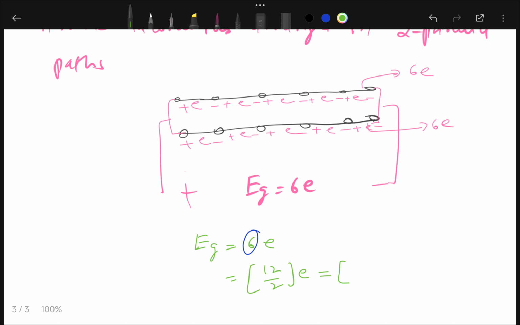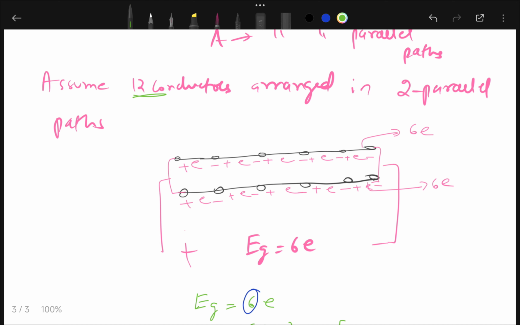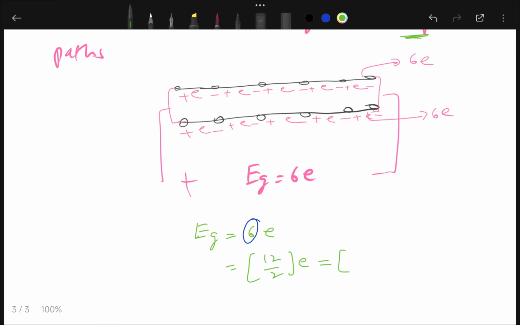But what is 12 here? 12 is the number of conductors, 2 is the number of parallel paths. So the number of conductors is generally given by capital Z, and the number of parallel paths is generally given by capital A in DC machine terminology. So the total amount of EMF induced EG can be written as Z by A into E.